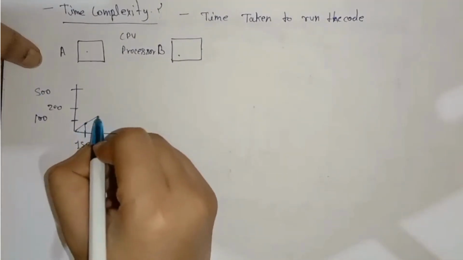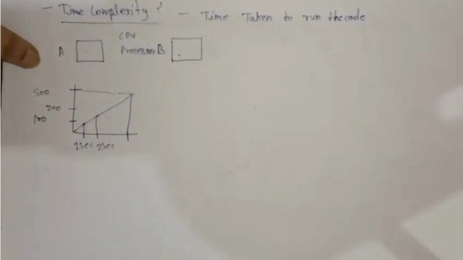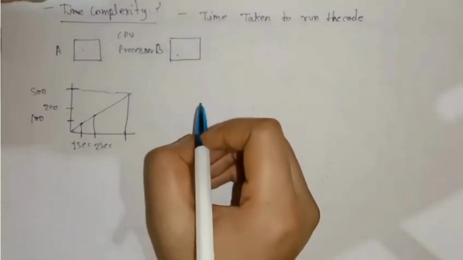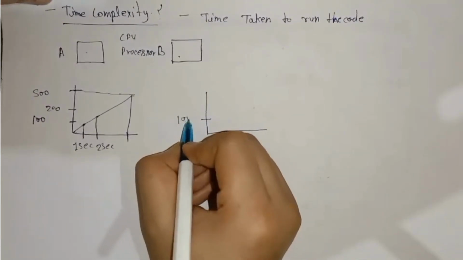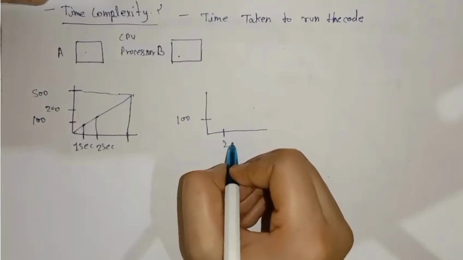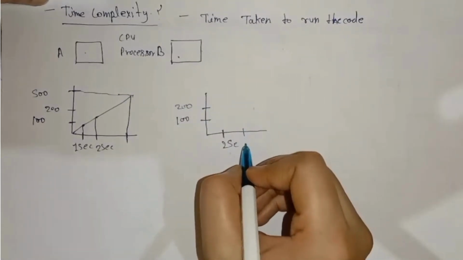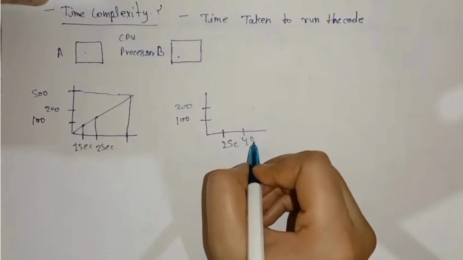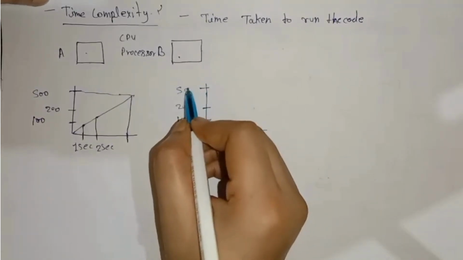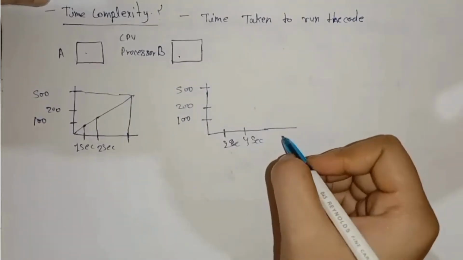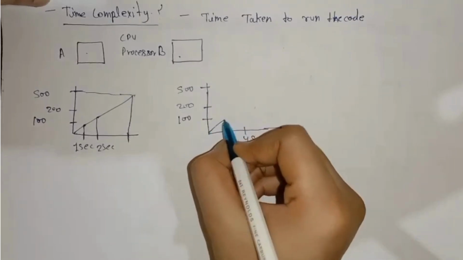And for B, the Dell, let's assume it takes 2 seconds for 100 lines of code, 4 seconds for 200 lines of code, and for 500 lines of code it will take 10 seconds.